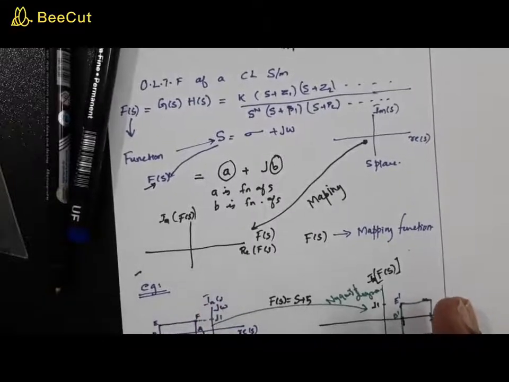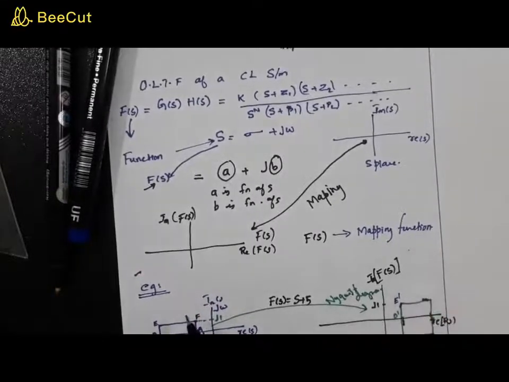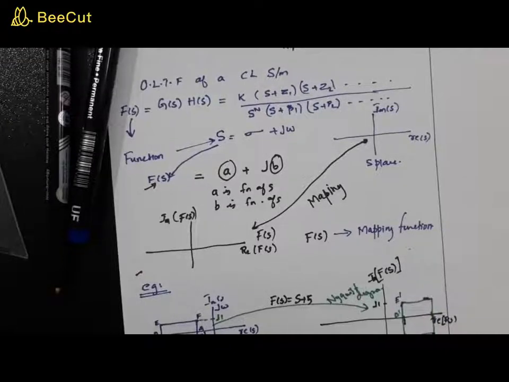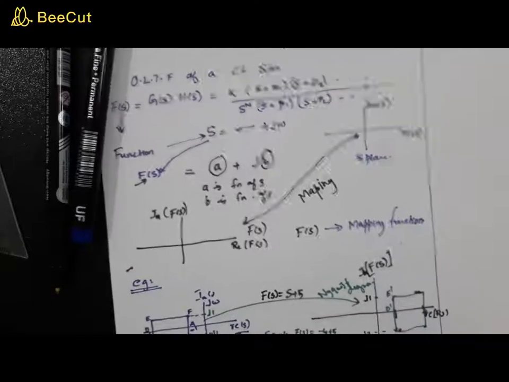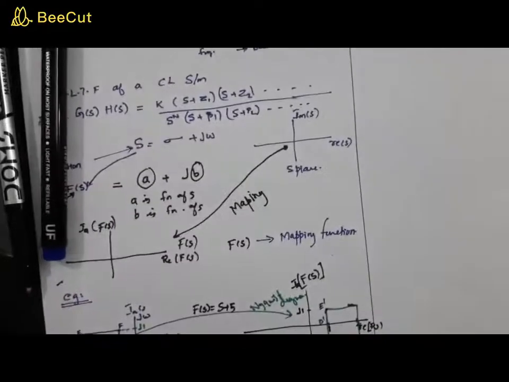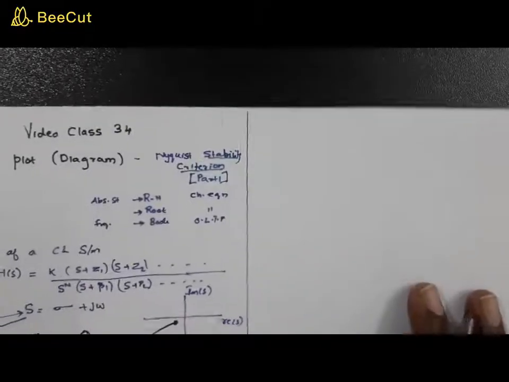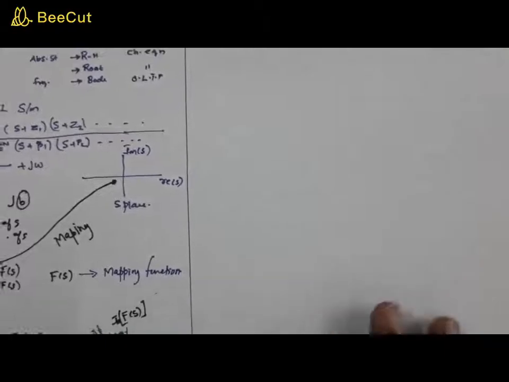That's what we need. So all the points that we consider in S-plane can be mapped to f of s by using that mapping function, right? Okay. Now let us see some of the terminologies associated with this Nyquist diagram.